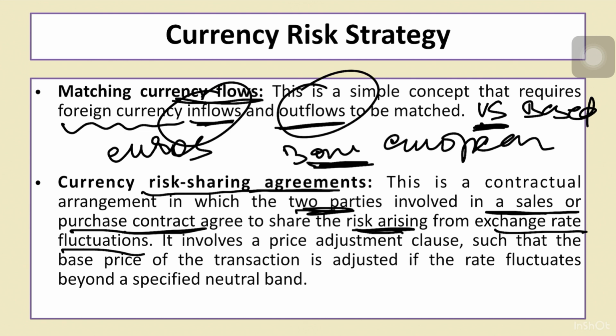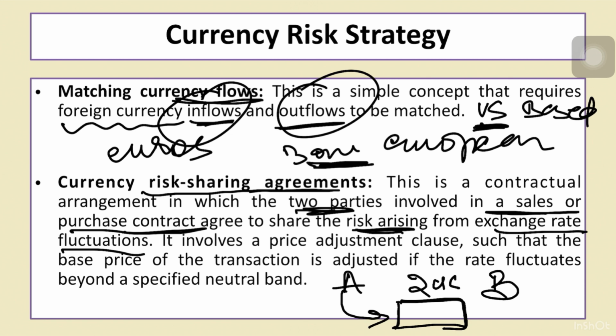Let's understand this with the help of an example. Say we have two parties, party A and party B. Okay, so for buying a particular product, A agrees to pay say $2 after 3 months, and B also agrees in this.